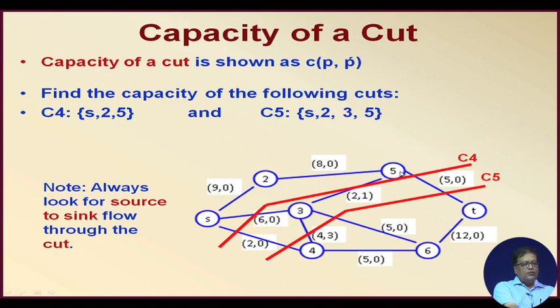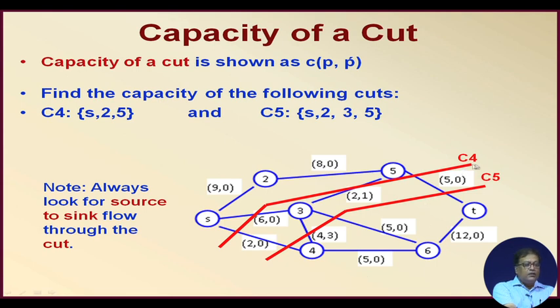Here the forward flow capacity should be taken, here also forward flow capacity, here also forward flow and here also forward flow. So, the capacity of the cut C5 would be 5 plus 5, 10, plus 4, 14, plus 2, 16.